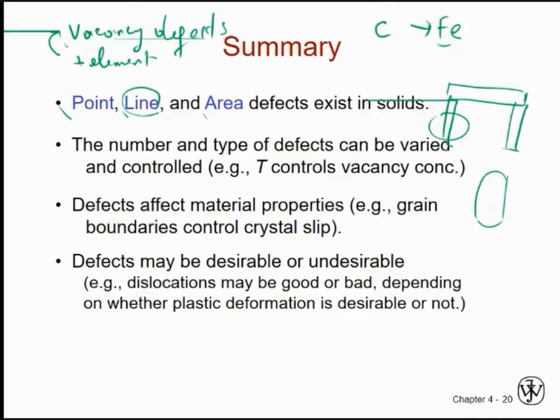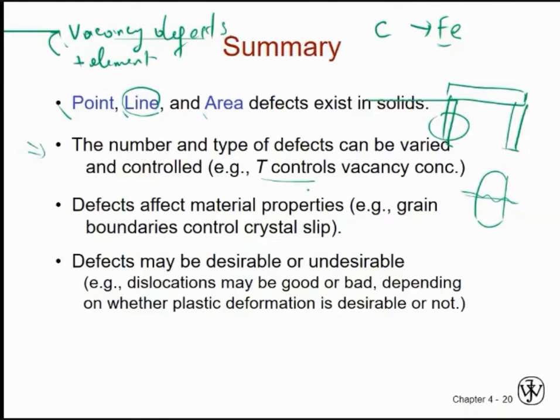And on the other side, you don't want it to be too strong. If you have very strong material, it doesn't deform, not at all. This time, when you carry your iPhone in your back pocket, it will just fracture instead of deforming. So you want deformation, but in a small amount, and we can control it if we know dislocation lines and how to play with them. We can also change the amount of defects by controlling temperature.